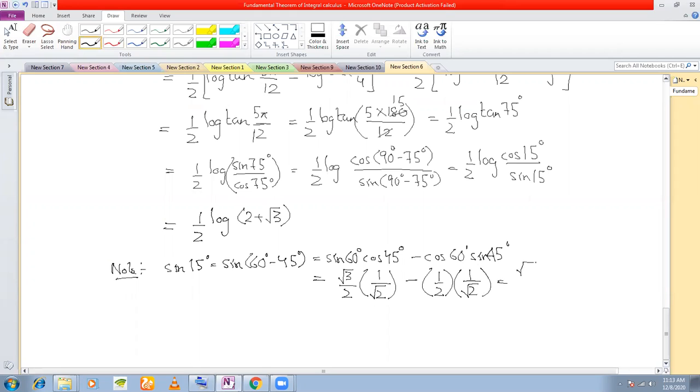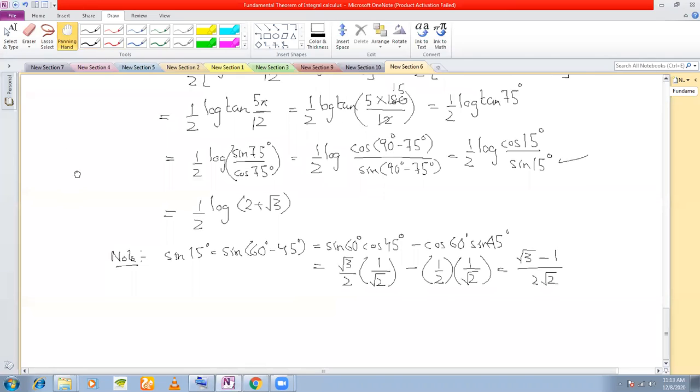So the value is root 3 minus 1 by 2 root 2. Similarly, you can find cos 15 and put it here if you can't remember.